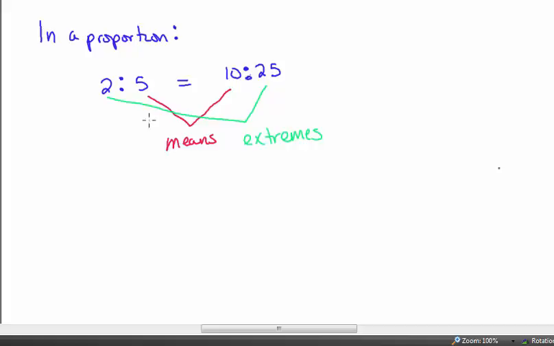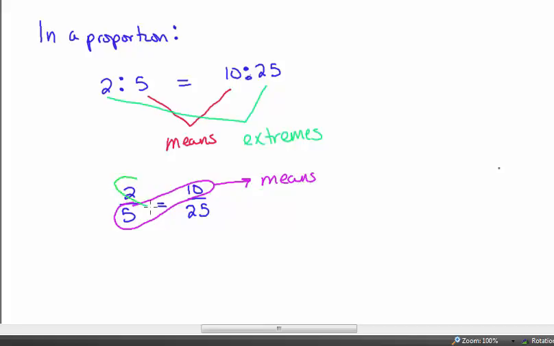And it's easy to remember which is which because the outside is like the very furthest out, so they're the two extreme points. And the means are in the middle. Middle starts with M. Now, if we write a proportion in another way, so in our fractional way, the bottom of the first ratio and the top of the second are the means.